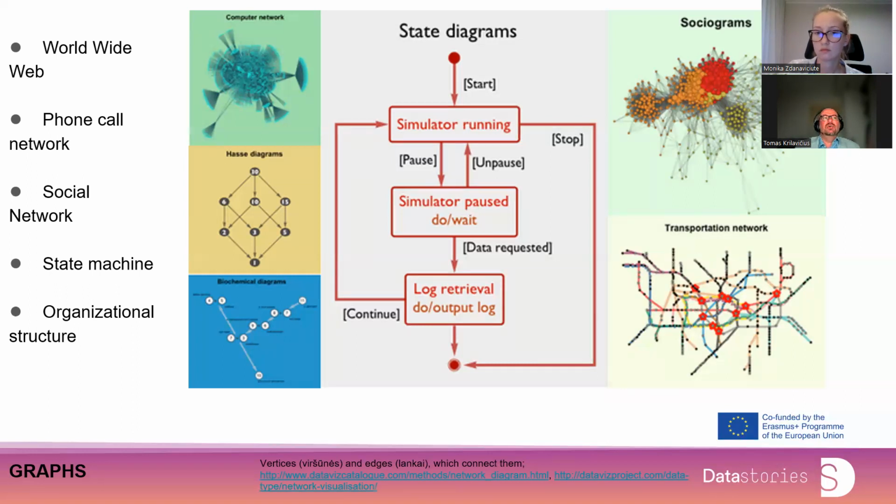When people talk about social networks, they can be represented as different graphs, but also state machines, which are used to represent dynamics or processes, not just the relation between different objects, or even organizational structure, which may show some hierarchy.